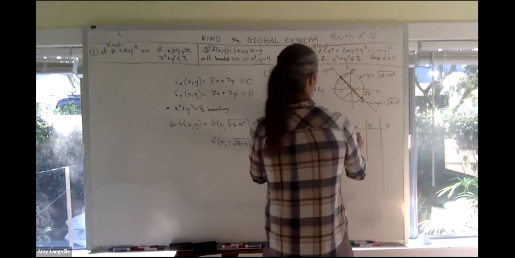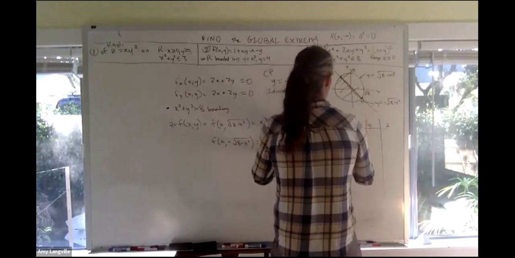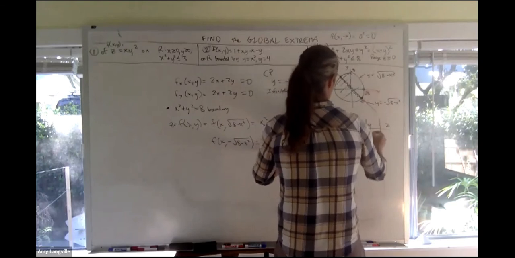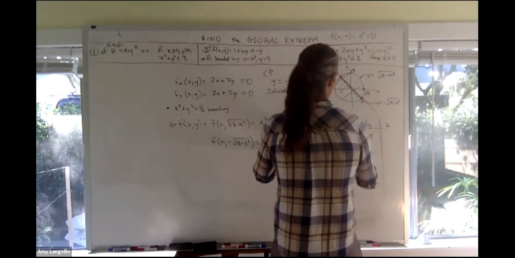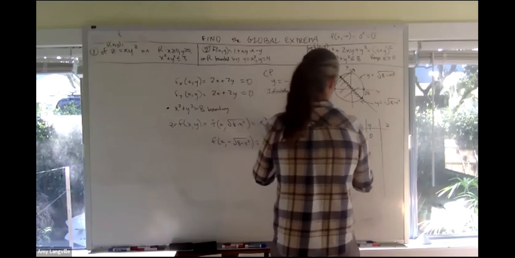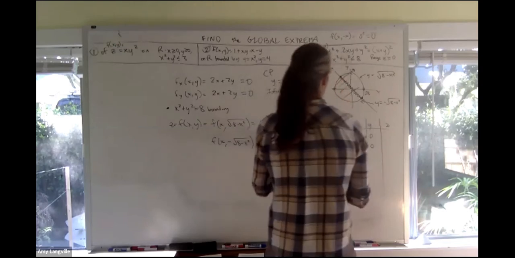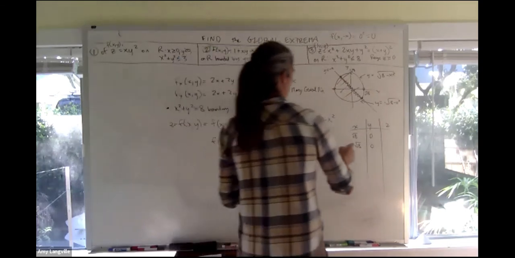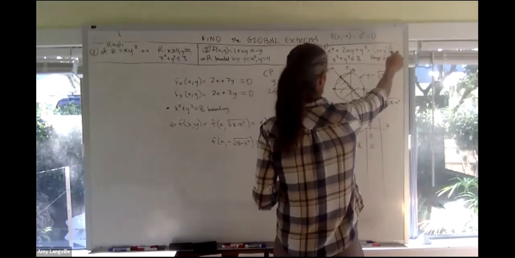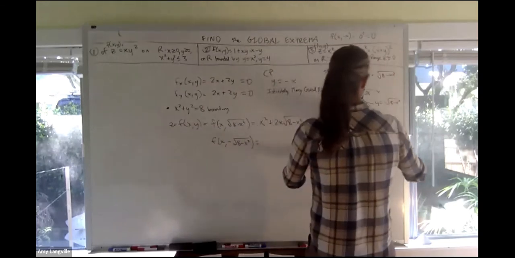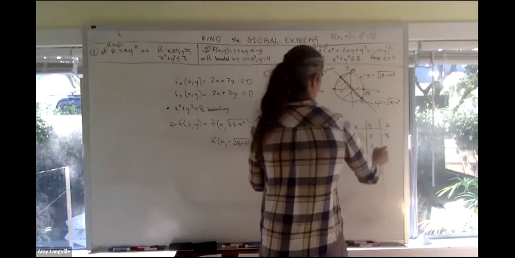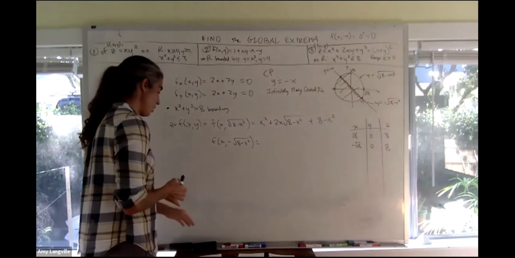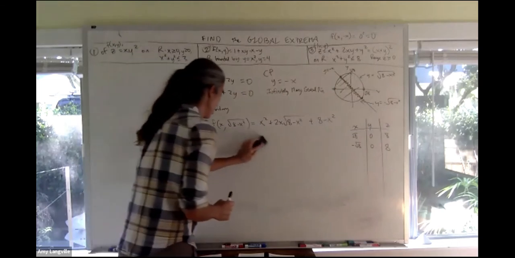I need to put in positive square root of 8, this point here, and y is then 0, and then on the other side this point, negative square root of 8, 0, and plug those into our function. It might be easier to plug in here, so that'll be 8 and 8. But now I need to also get CPs, so I'll come back to the second half of the function.